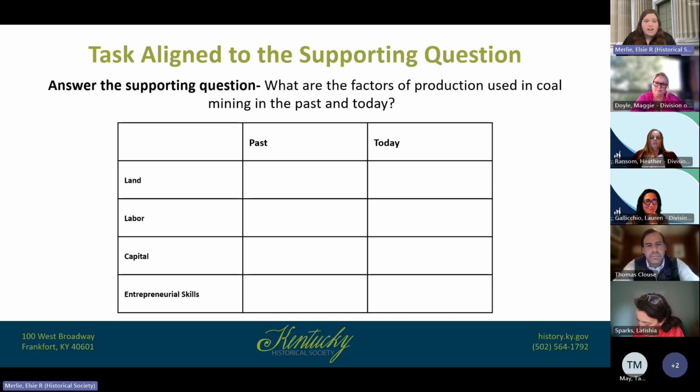Students would be able to write or draw into these boxes, but for time purposes and virtual purposes, you will just be sharing out. So something from the past for land and today for land. If we could just walk through this, feel free to share. Coal. Perfect. And that could go in the past and today as well.